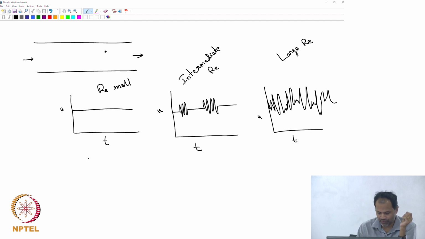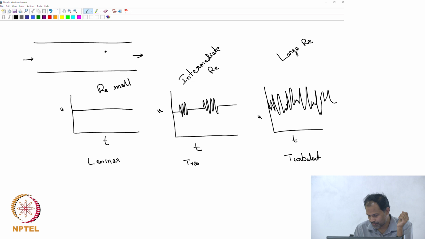So this is laminar flow, this is turbulent flow, and this is the transition between the two. And remember, this is not with respect to time, this is with respect to Reynolds number. Is that okay? So let's just see what it looks like.